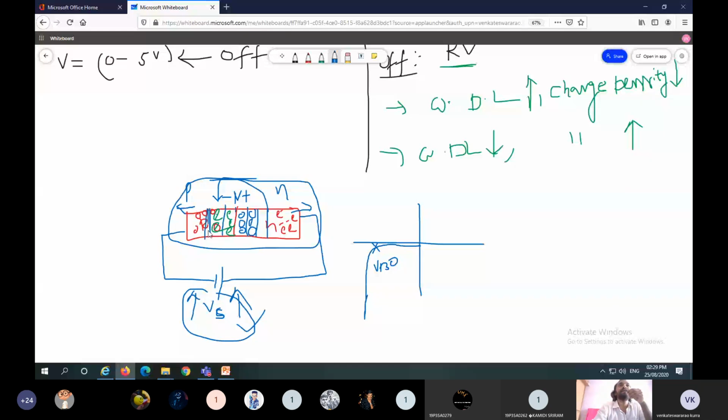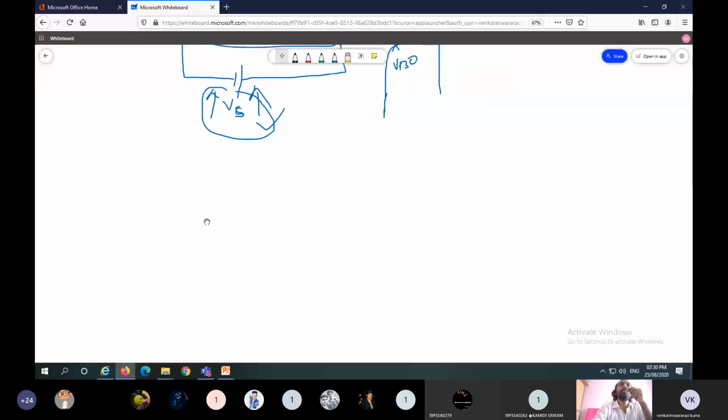If the depletion layer width increases and the charge density decreases, then it should be capable of blocking high voltages. So it satisfies our first requirement of blocking high voltage. This can be achieved by decreasing doping concentration and increasing depletion layer width.